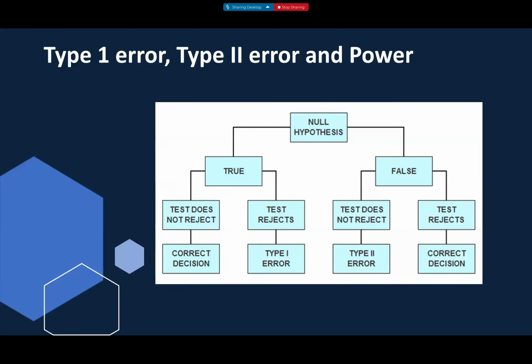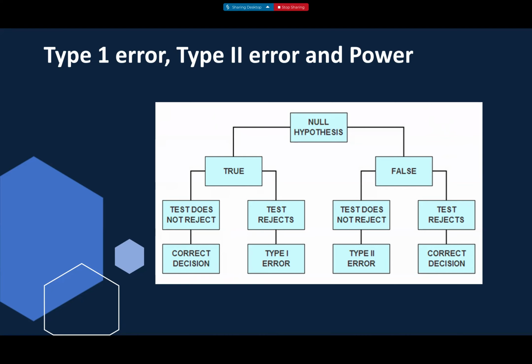Here you can see how type 1 error, type 2 error, and power relate. If the null hypothesis is true and your test does not reject the null hypothesis, then you made a correct decision. But if your null hypothesis is true, which means that there is no difference, and you reject the null hypothesis, you made a type 1 error, which is a false positive.